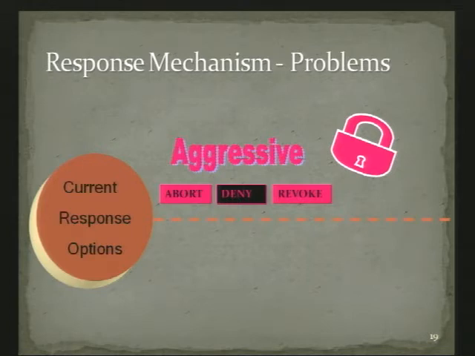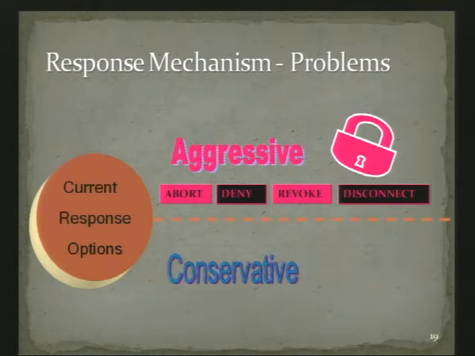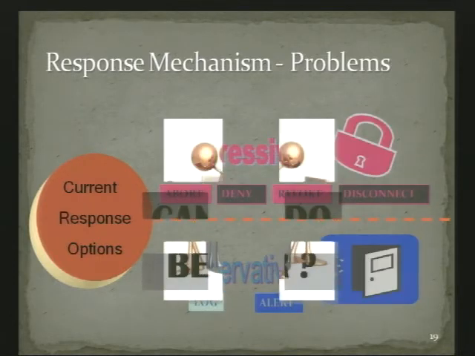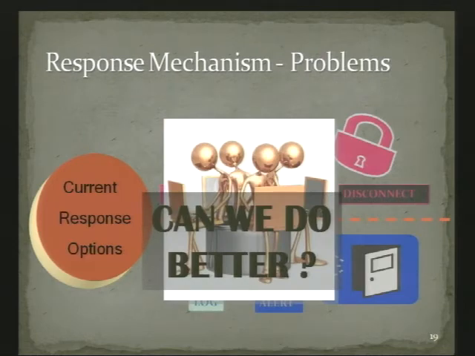I'm not going into the semantics of deny and revoke here, but there are 2 different responses you can take. Or you can just disconnect the user session. All these are very aggressive response actions because they are going to interrupt the user query. Or you can be very conservative and simply log, or send an alert to the administrator. The problem is, can we do better than being very aggressive or very conservative?